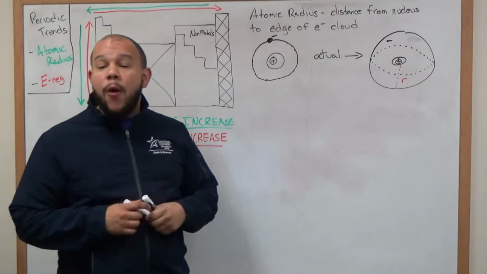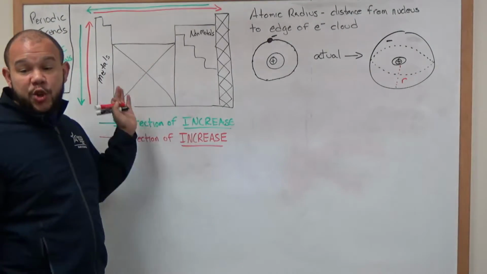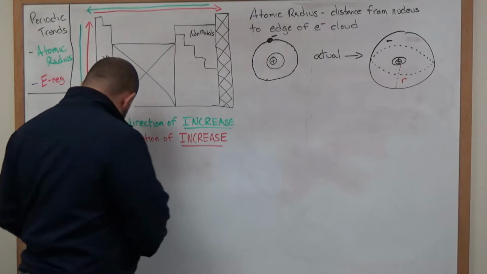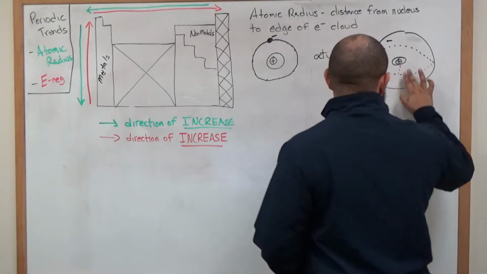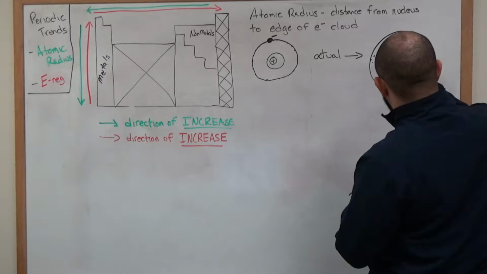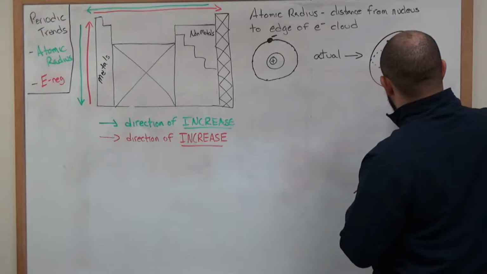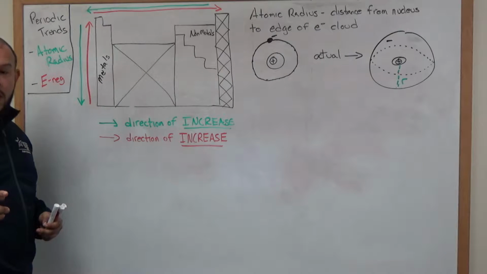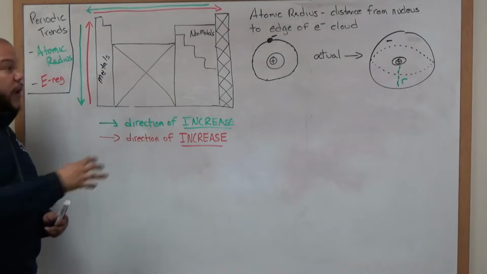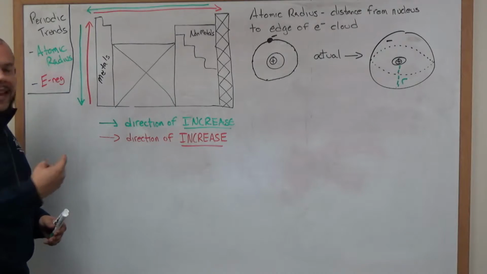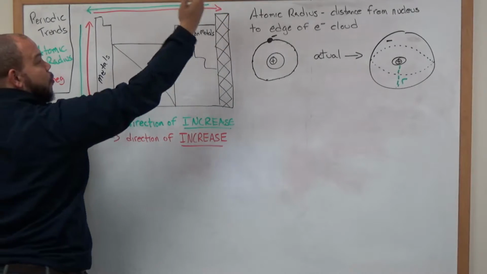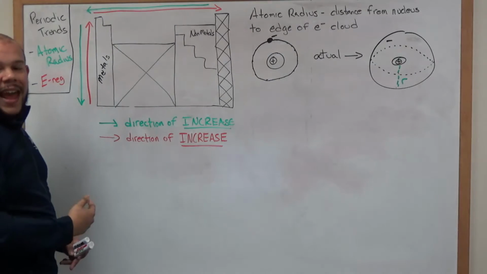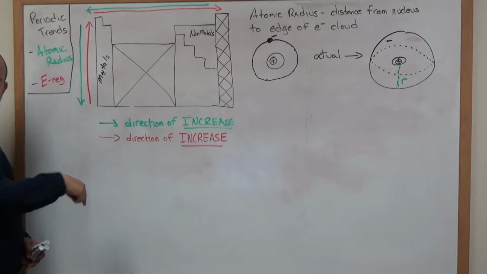Now, more importantly, why do we care about it and how does it trend on our periodic table? Notice for the atomic radius, and I'm going to do this in green just to keep it color coded, the direction that the atomic radius increases for our particular areas of the periodic table that we're worried about is that it increases going from right to left, so going towards the left side of the periodic table, and it increases as we go down.